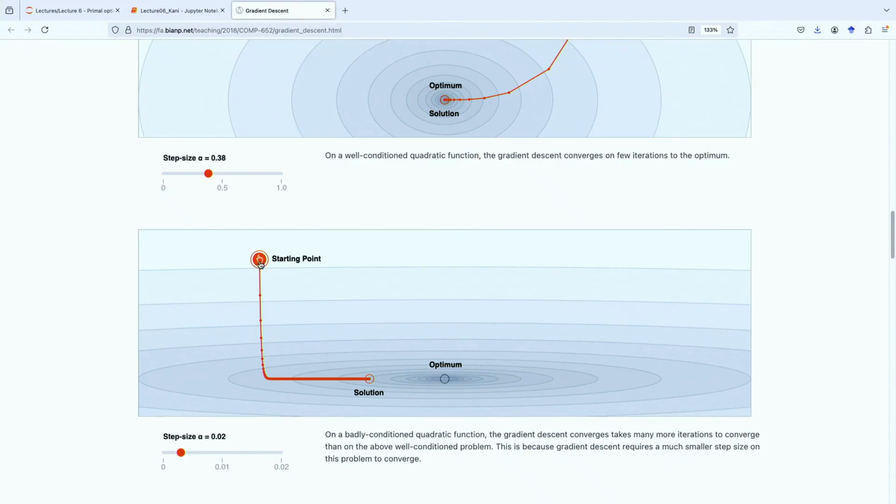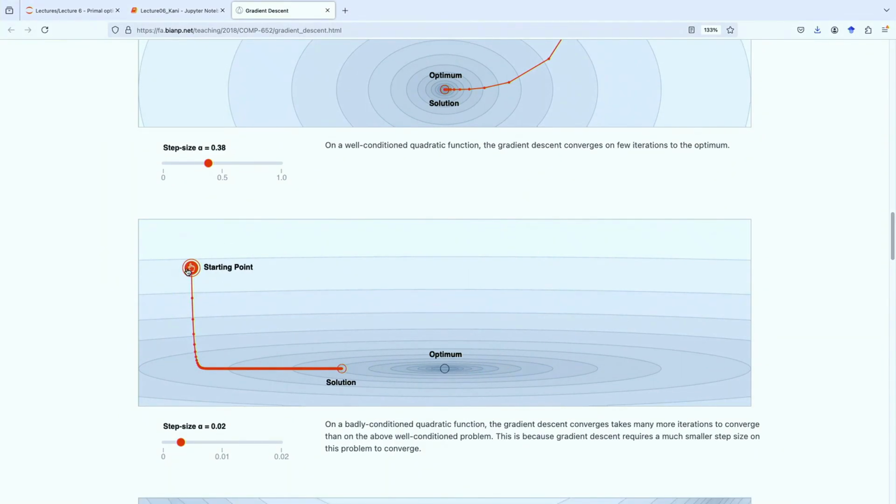When we start off, regardless of where we start, gradient descent will follow the direction of the steepest curve. So let's start it off right there. The direction of the steepest curve is along the y-axis. So of course, it's going to follow the y-axis down to the slowly decreasing axis, right?